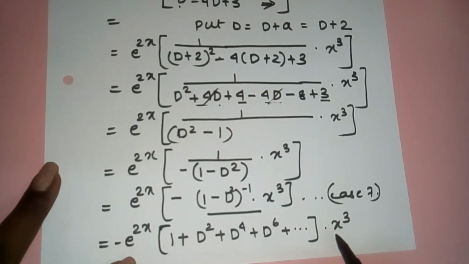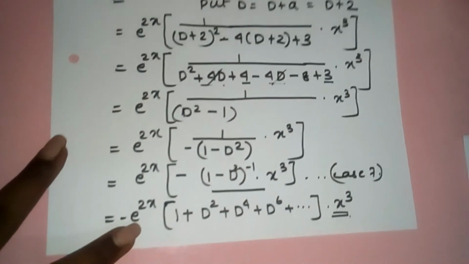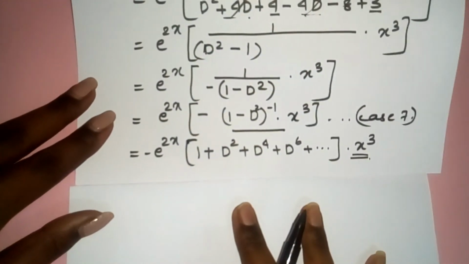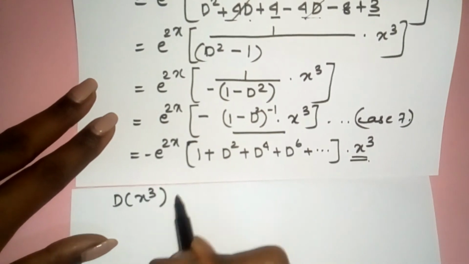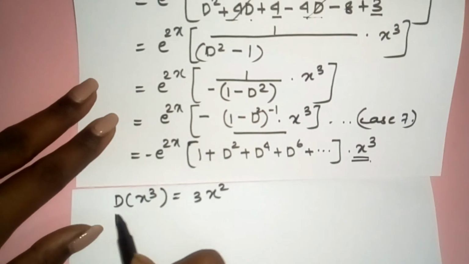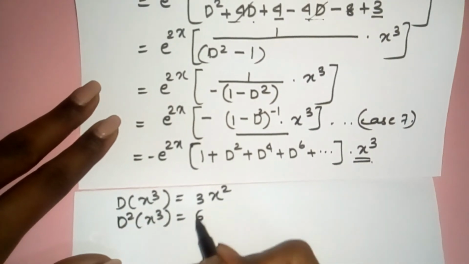Now we have to take the derivatives of x cube. So derivative of x cube is equal to 3x square. D square of x cube is equal to 6x.